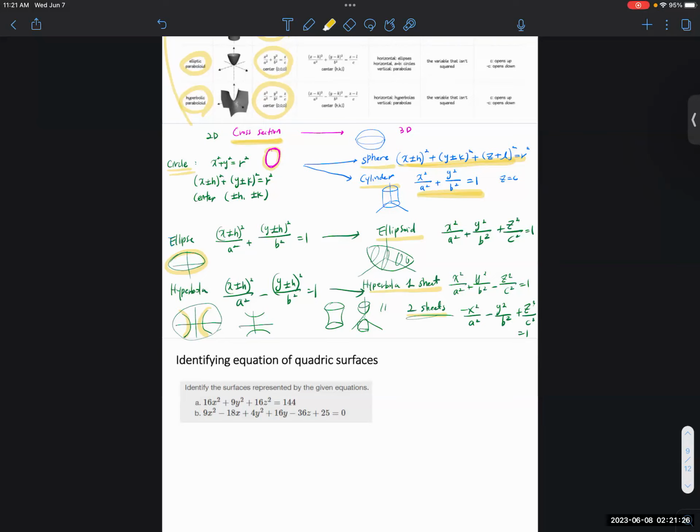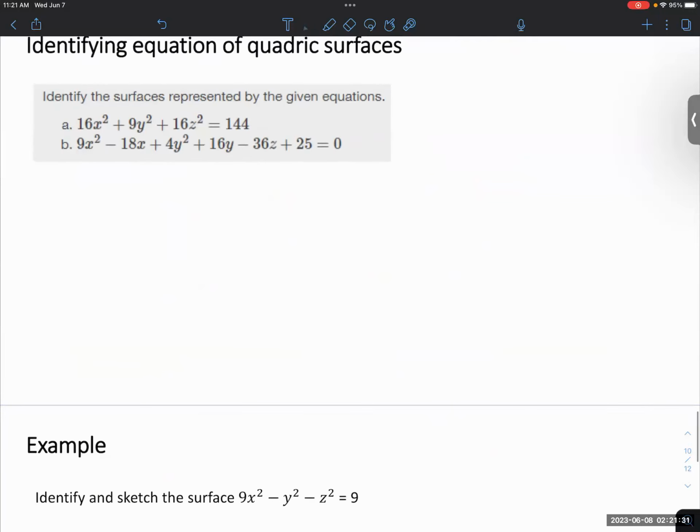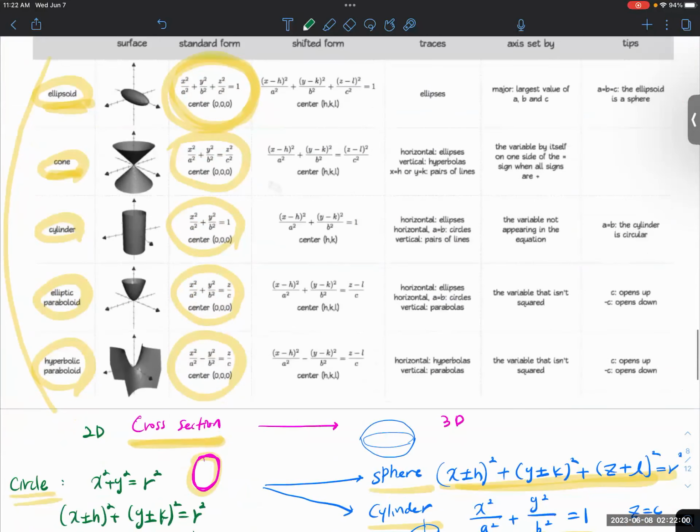So I'm going to take a look at the following question. Here we go. I have this equation, 16x squared plus 9y squared plus 16z squared equals 144. This is a quadratic equation, and I want to see what kind of shape you will find in three-dimensional space. So we're going to simply solve to simplify this equation.